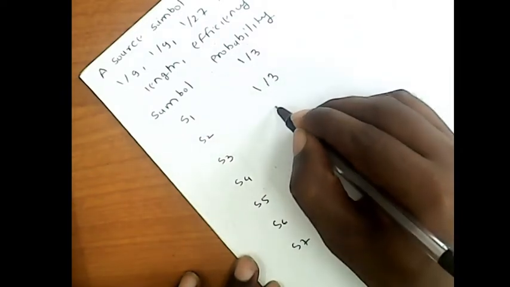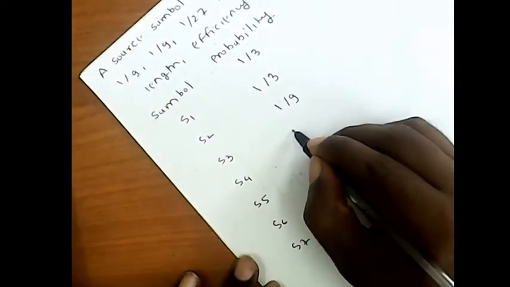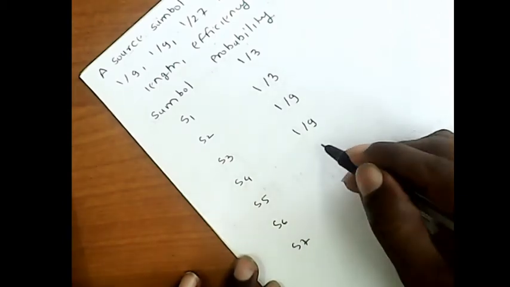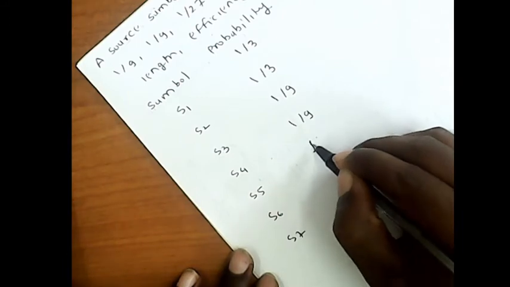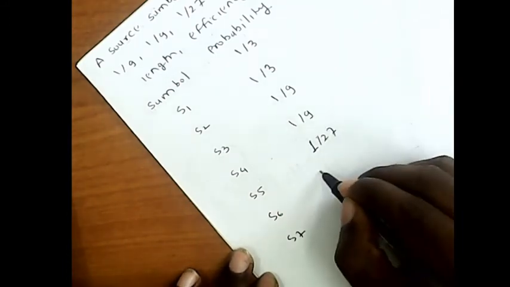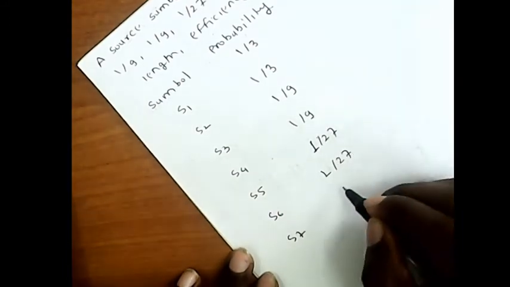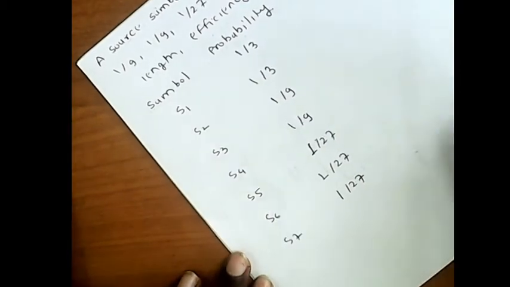For S3 and S4, the probability is 1/9 each. For symbols S5 to S7, the probability is 1/27 each.